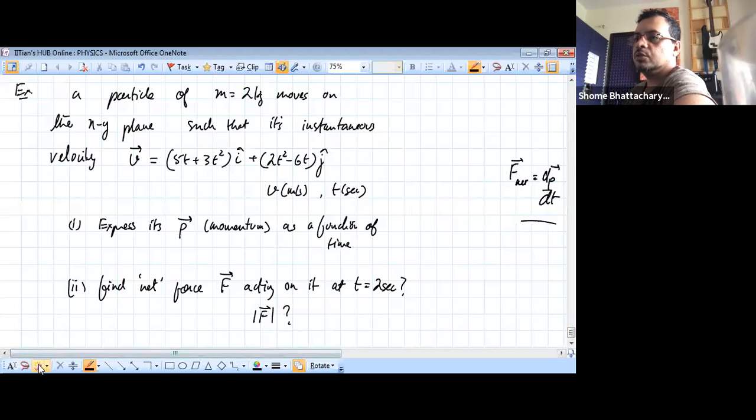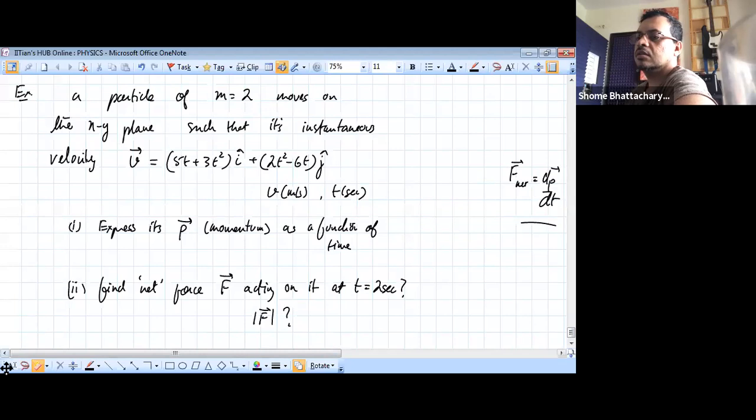Or net force is equal to mass into acceleration, because we are talking about a particle, so it has a fixed mass of 2 kg. So this is more about your application of differentiation. So just try this out, people.